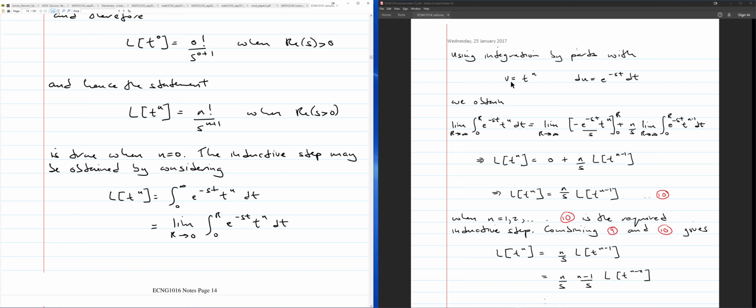When you differentiate the v, you get n t to the n minus 1 dt. That is this n you see over here, and then t to the n minus 1. So this is using your integration by parts.